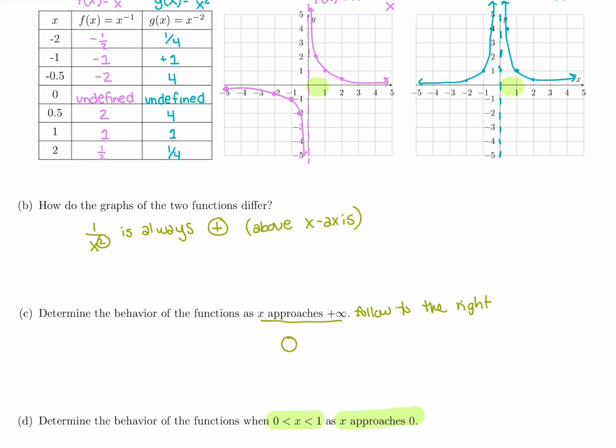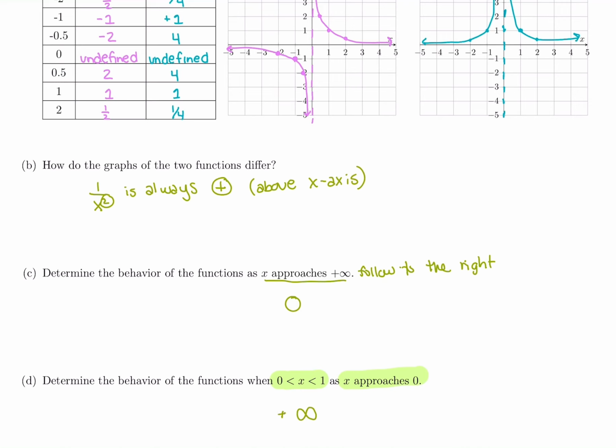So if we go in toward x is 0, it's going up to positive infinity on that one and up to positive infinity on this one. So looking between 0 and 1, but heading toward the x value 0, the graph is going all the way up to infinity. This exercise is just getting us ready to think about calculus someday and doing limits and approaching x values. Where's the y value headed?